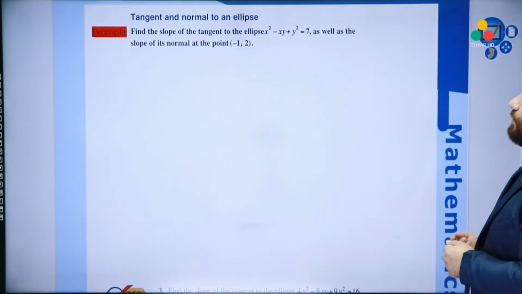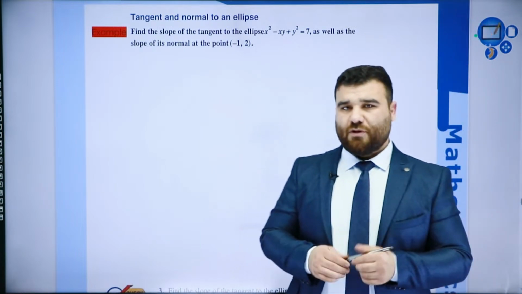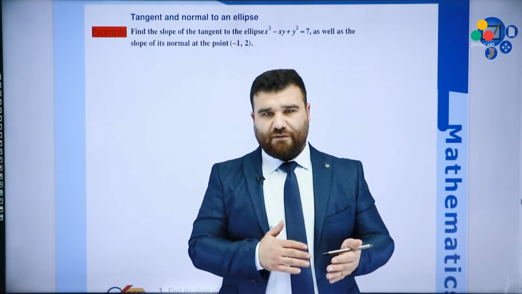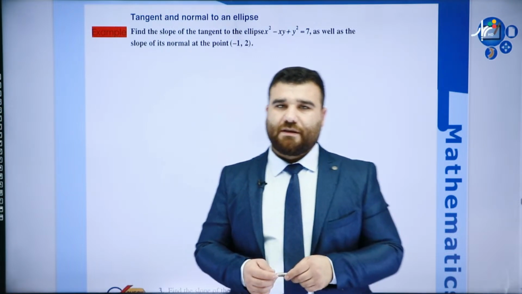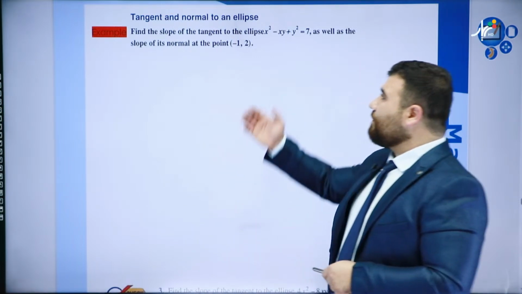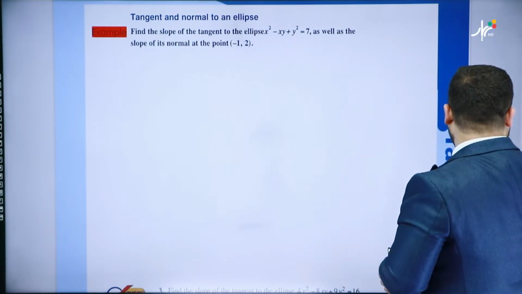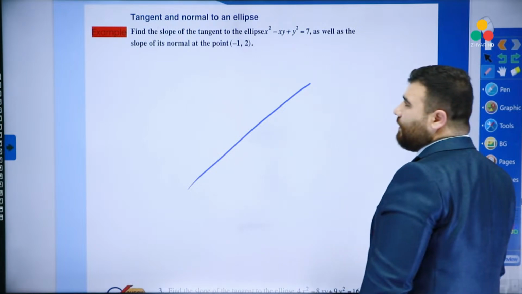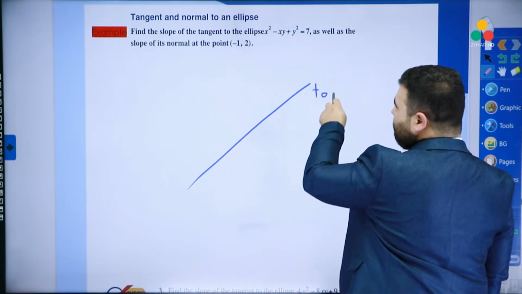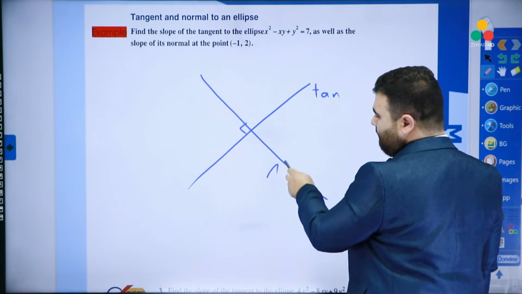Tangent and normal. Tangent is the slope of the tangent. We find the derivative, put the x's and y's back in the derivative, and we get the slope of the tangent. A normal line is perpendicular to the tangent line.